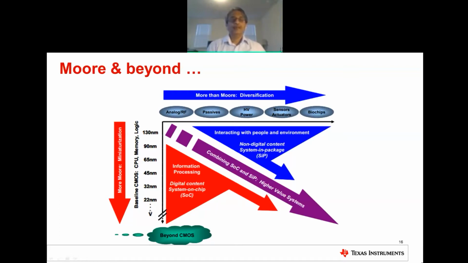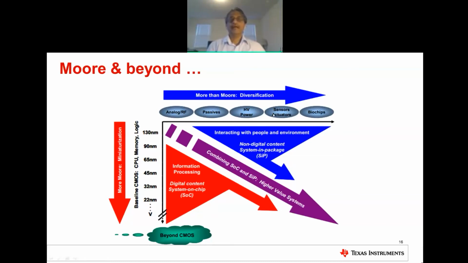And maybe at some point when you are at 7 nanometer and lower geometries, there may be other things beyond CMOS that may emerge. And this aspect of continued miniaturization is going to be one dimension where semiconductor electronics and semiconductor technology is going to take us.